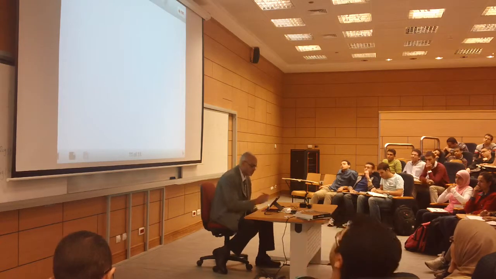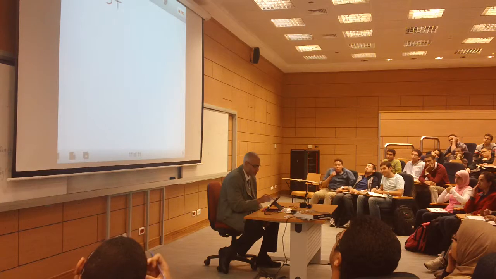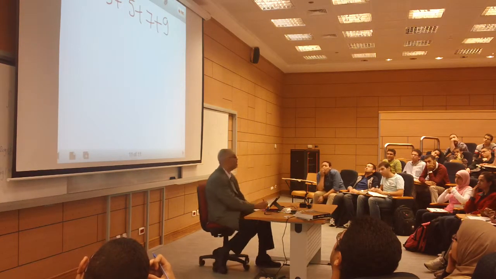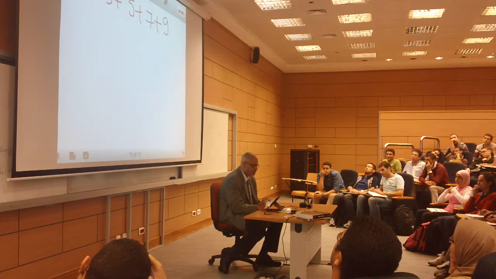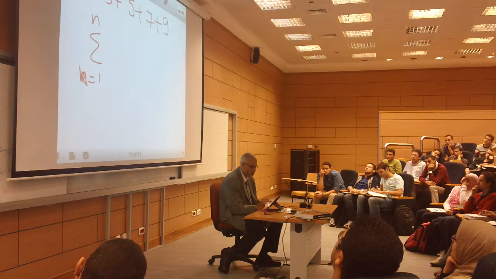What about this one? 1 plus 3 plus 5 plus 7 plus 9, the odd numbers. Let's see, sigma from k equals 1 to n of 2k minus 1.